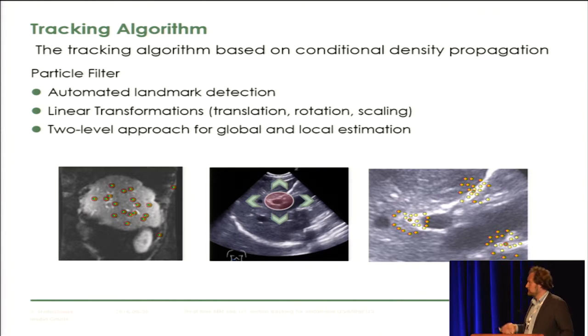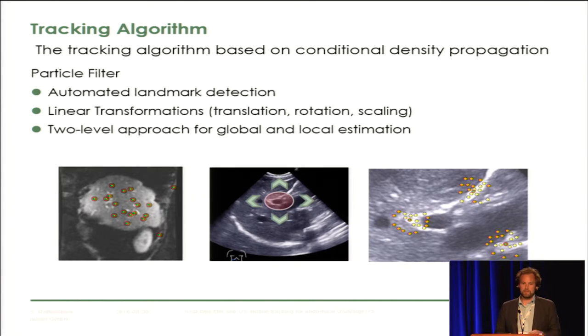The particle filter approach means that we don't employ traditional optimization techniques, but our feature point trajectories are optimized by generating a set of hypotheses, and a hypothesis is more or less a point in the linear transformation feature space. This set of hypotheses forms a point cloud.